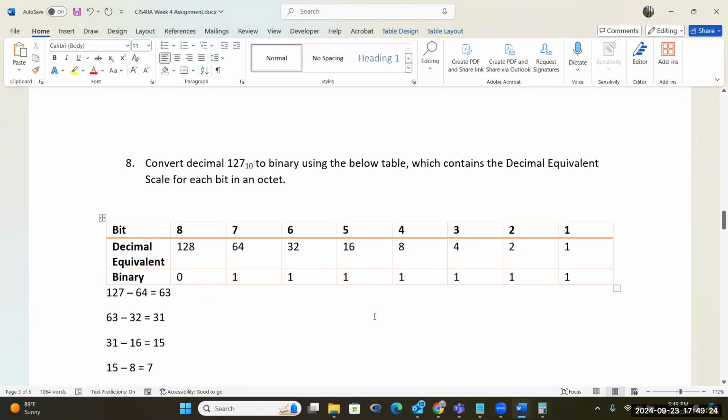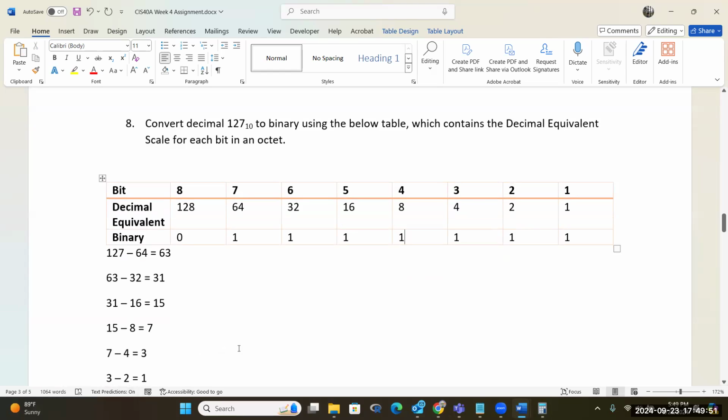So if I subtract, I put a 1. And 15 is my remainder. I go down and I know that 15 is larger than 8. So I can subtract 8 from it. So 15 minus 8 leaves me 7. So put a 1 there.